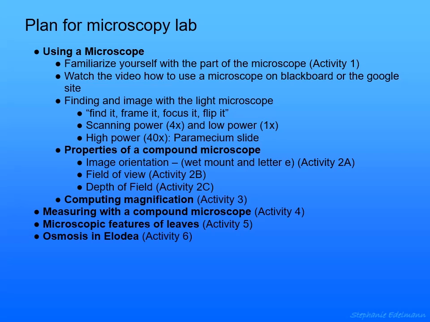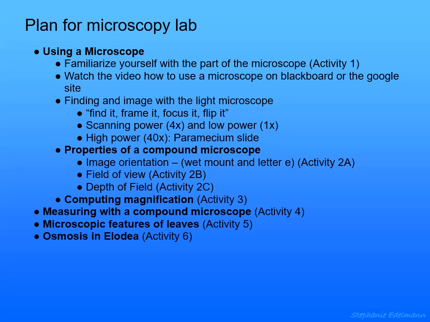Initially you're going to work with scanning power and low power and look at Hydra. Then you're going to look at high power for the paramecium slide. Hopefully by that time you'll have realized a little bit about how these things work, and we're going to look specifically at some of the properties of the compound microscope.